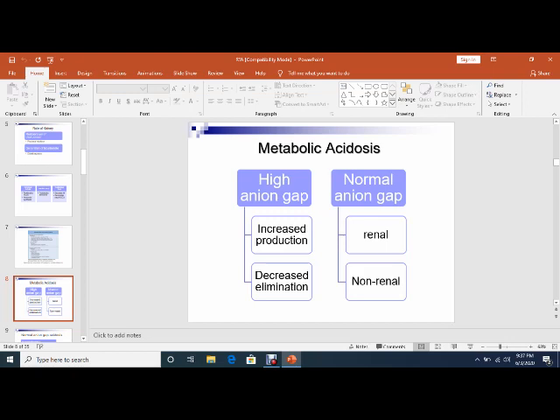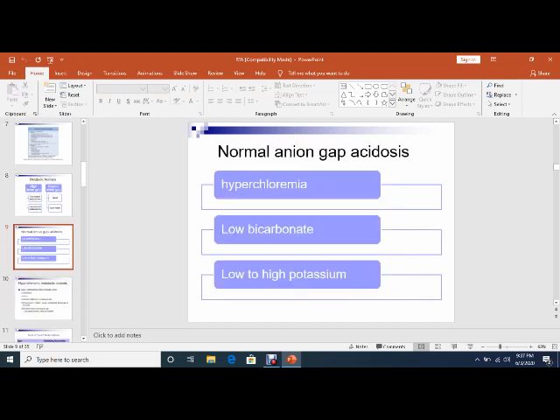Normal anion gap, renal or non-renal. Normal anion gap acidosis is due to hyperchloremia, in which chloride level is increased, or due to low bicarbonate. Potassium may be low, normal or high. It depends upon which type of acidosis.